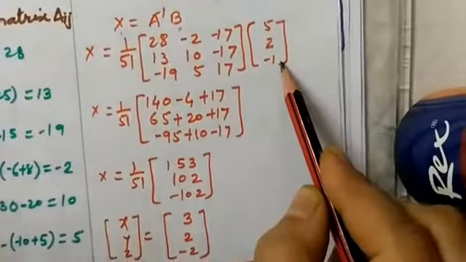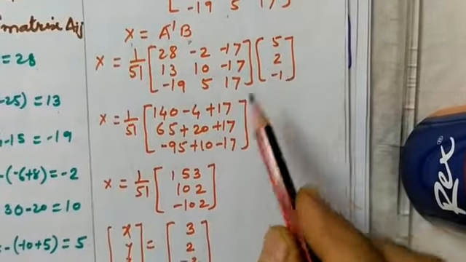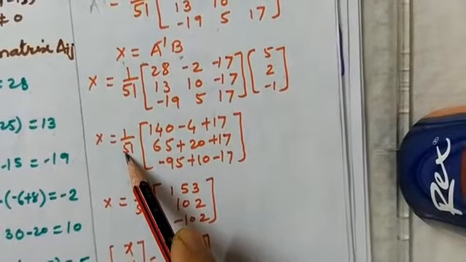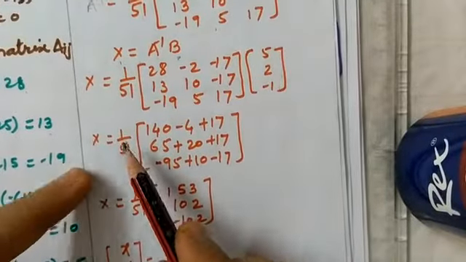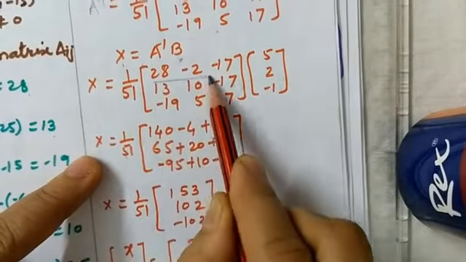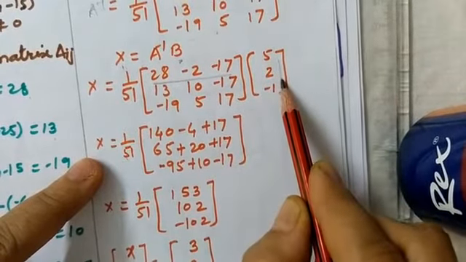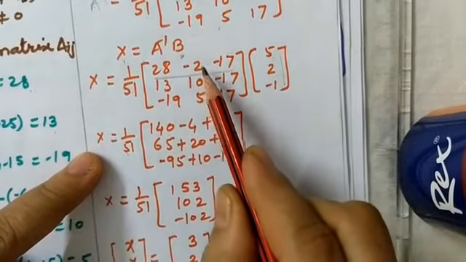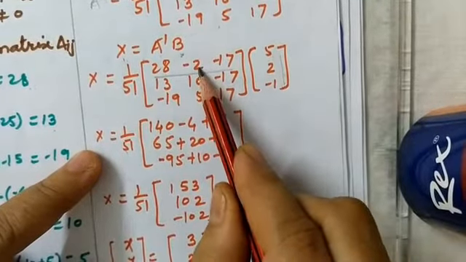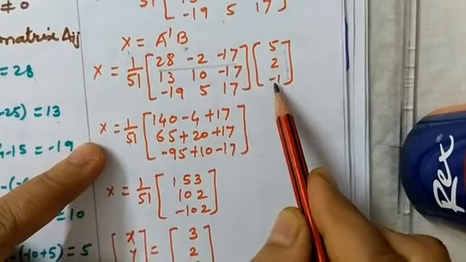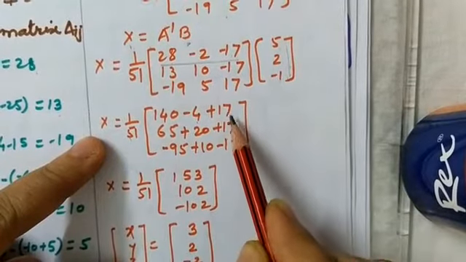Now use the concept of multiplication of matrices. Multiply each and every element by this, that is 28 multiplied by 5 is 140, plus minus 2 into 2 is minus 4, minus of 17 multiplied by minus of 1 is a plus 17.